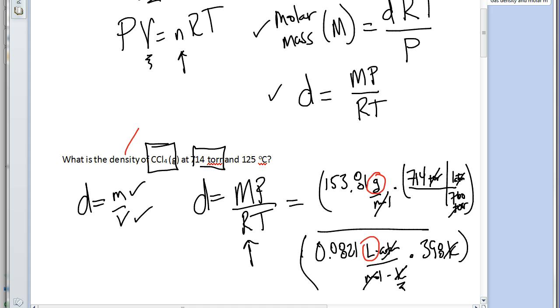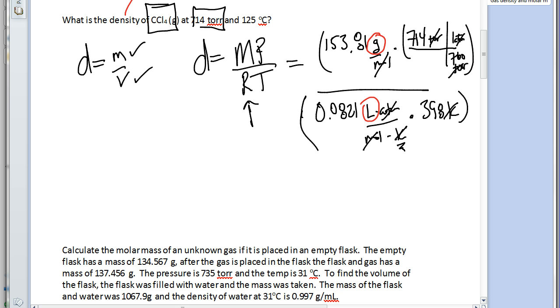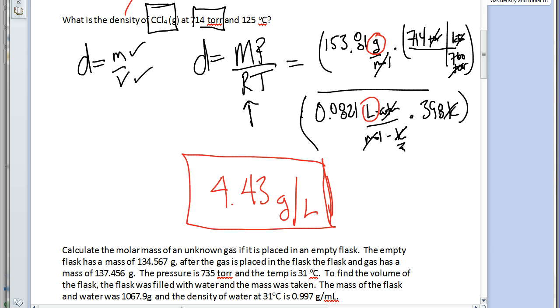Okay, so I'm going to do this calculation, and the calculation should come out and give me 4.43 grams per liter for my density of this gas at 714 torr and 125 degrees Celsius.